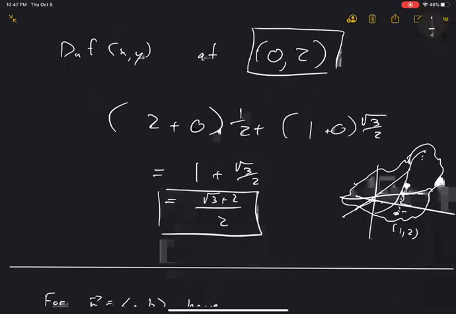Okay, so what direction is that? That would be pointing somewhere in this direction, right? Okay, so let's unclutter this a little bit. In this direction, there is a tangent line along that direction, right?